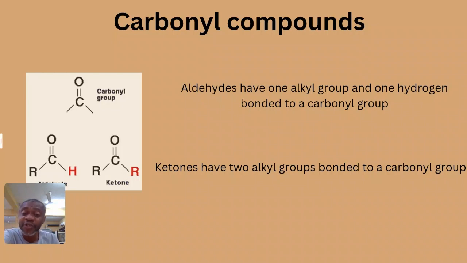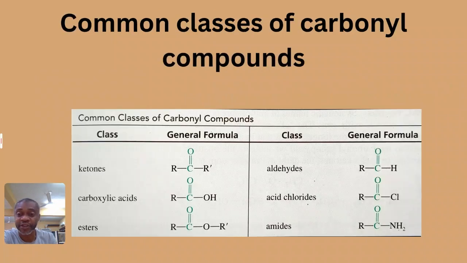A ketone has two alkyl groups bonded to the carbon. This is very important. We should be able to differentiate between an aldehyde and a ketone. You don't want to make mistakes when you start the chemical reactions.